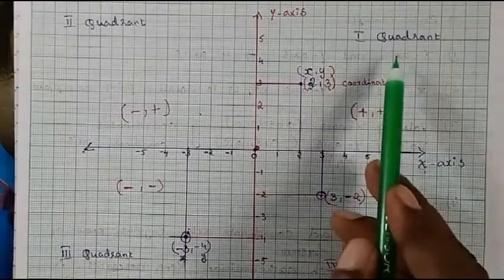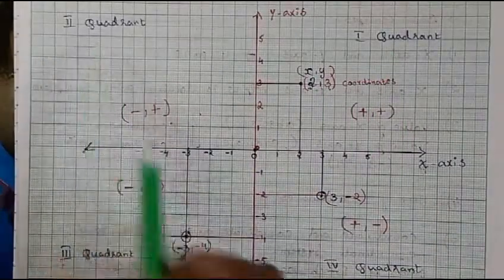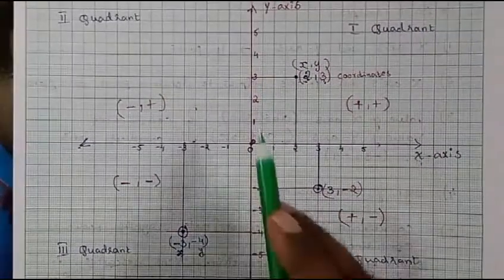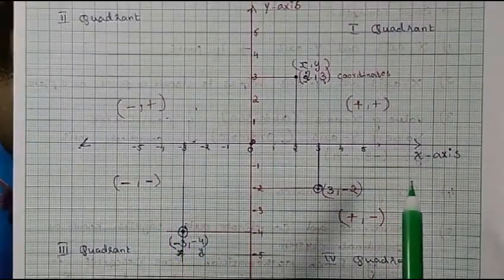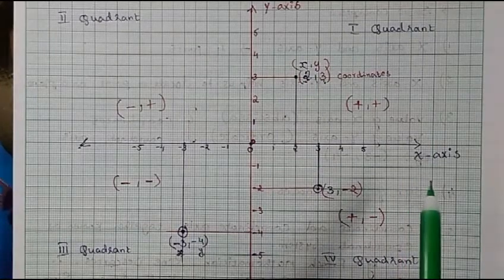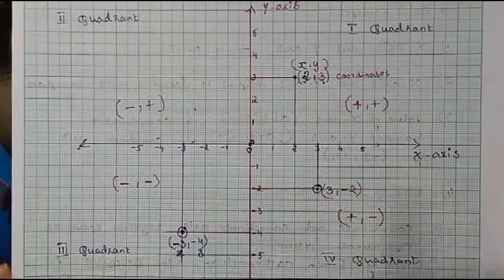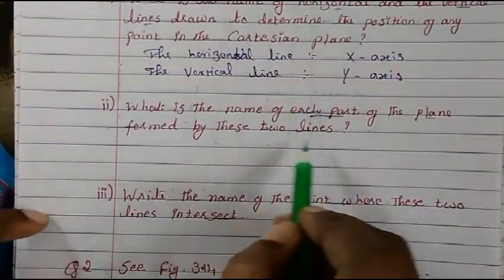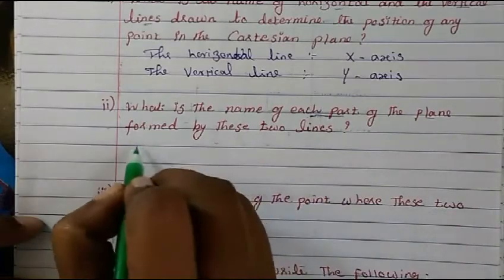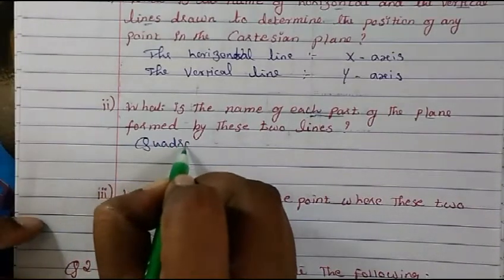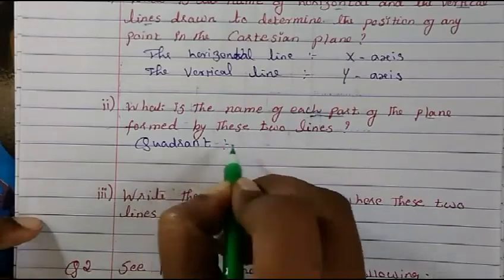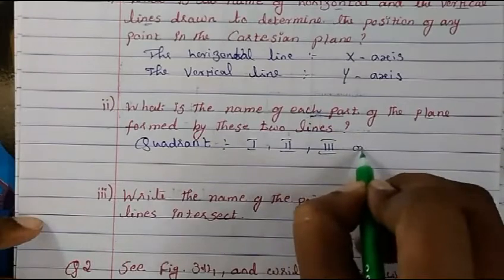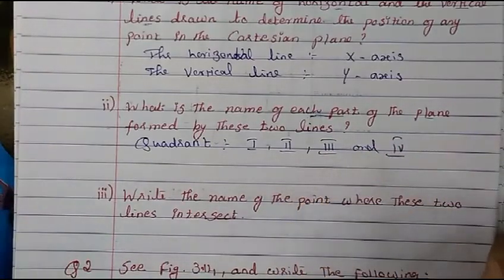Four parts. So that is first quadrant, second quadrant, third quadrant and fourth quadrant. So you can write down that the name of each part of the plane formed by these two lines is called quadrant, and they are first, second, third and fourth.